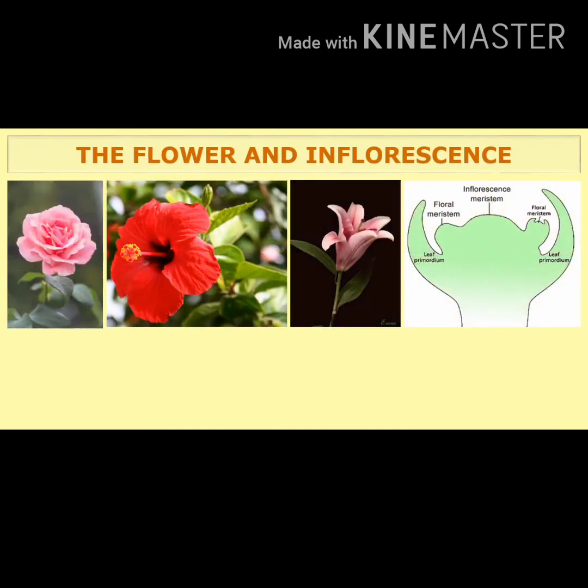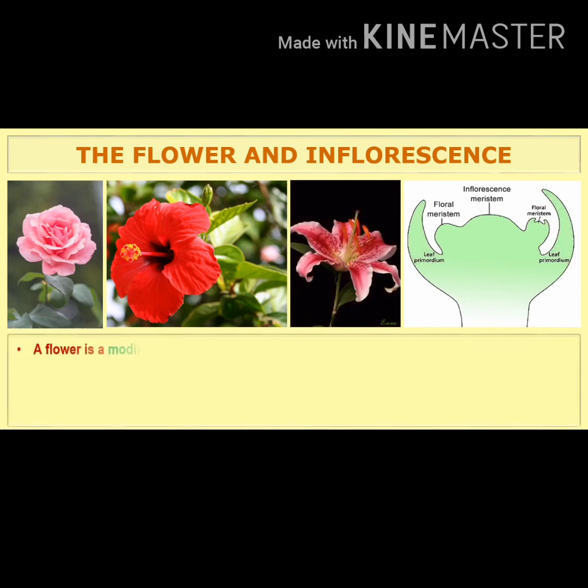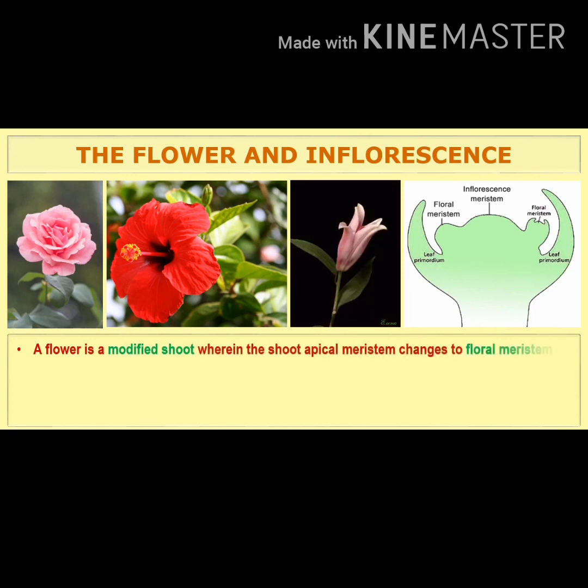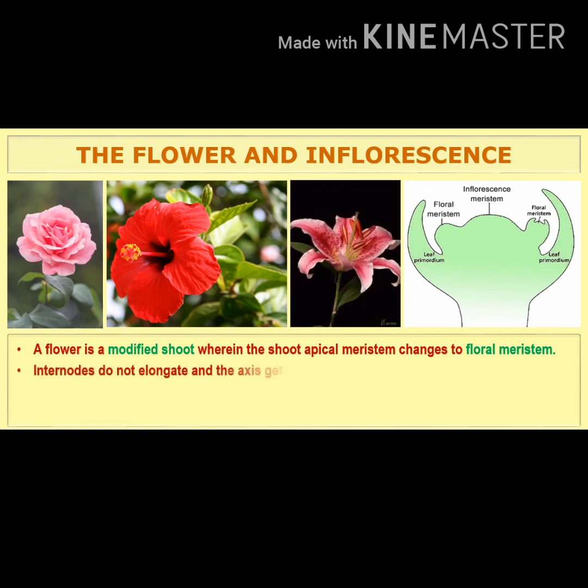Next we have to study inflorescence. I have already mentioned that flowers are the reproductive part of a plant. A flower is a modified shoot wherein the shoot apical meristem changes to floral meristem. Internodes do not elongate and the axis gets condensed.